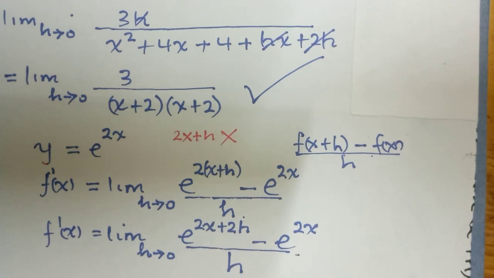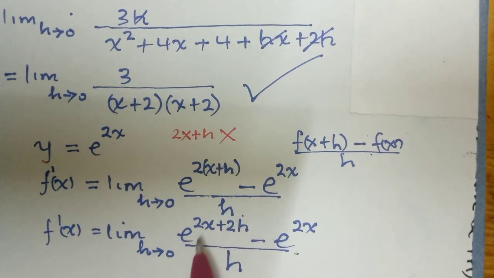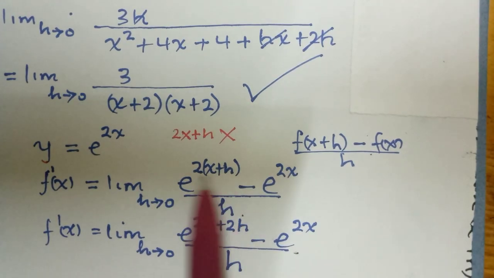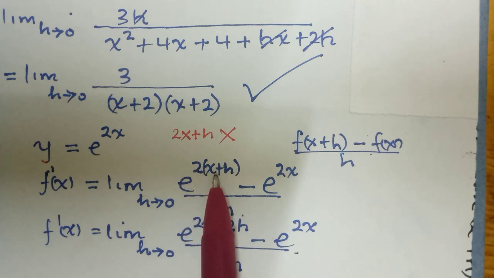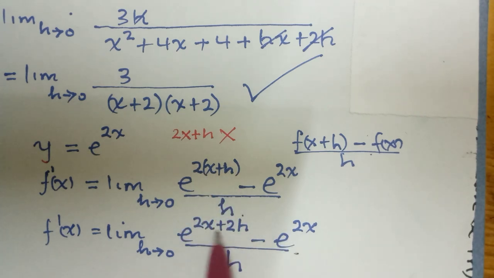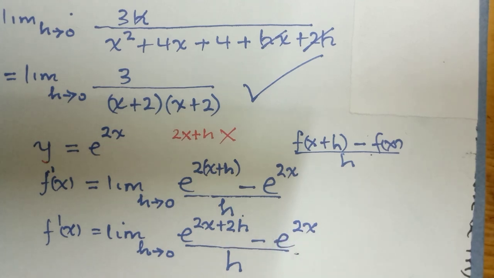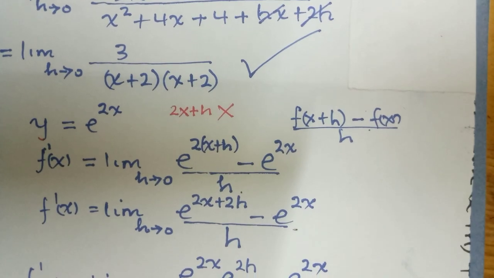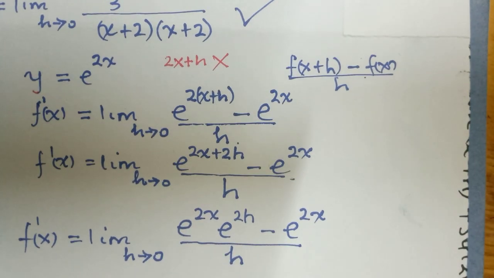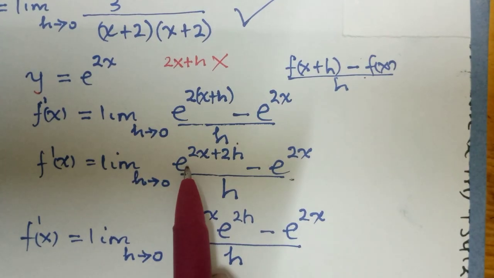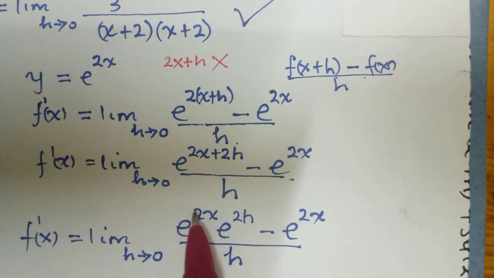Now here, e, then you can expand this. If you expand, you multiply 2 by x, 2 by h. And this is what you get. Minus the original, which is e raised to 2x. By use of indices, guys, now we can come and separate this so that we have e raised to 2x and then e raised to 2h.